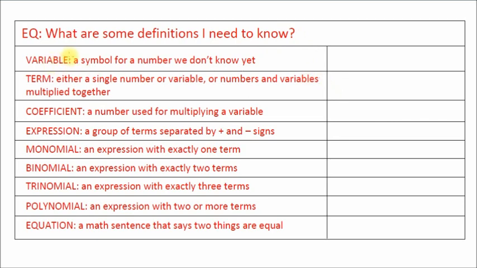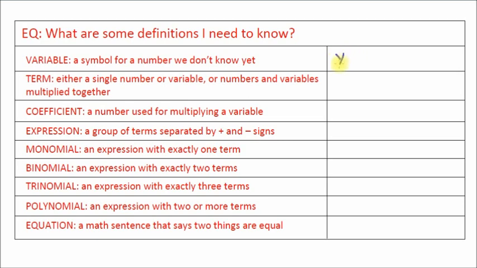The first definition is the word variable. You've seen that word used a lot. A variable is a symbol for a number we don't know yet. So we use letters typically to represent variables, or numbers that can have multiple values or numbers that we don't know yet. Here's an example of that.